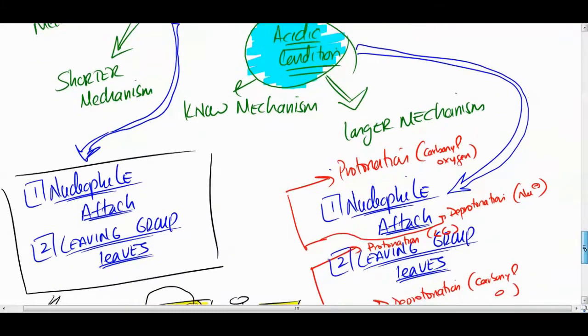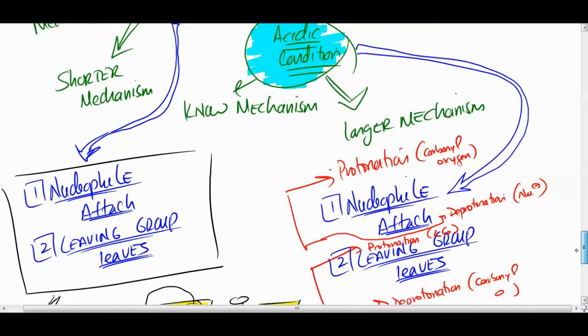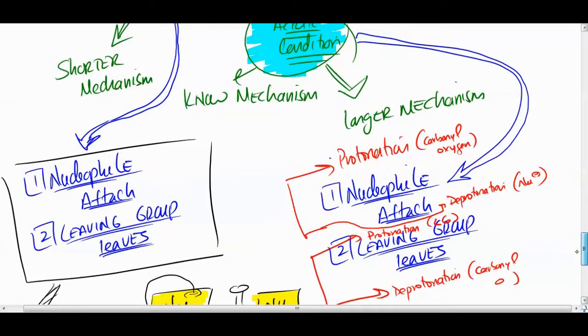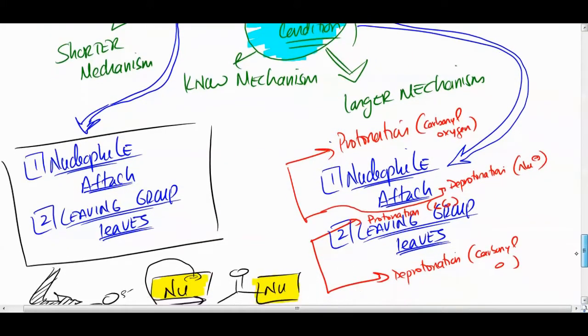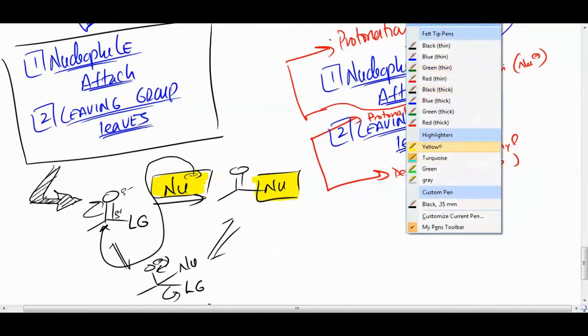Alright, so what we're saying is that we're still going to get the nucleophile come in, the leaving group leaving, but it's going to be sandwiched between protonation, deprotonation, protonation, deprotonation, right? And we could take a quick example of this.